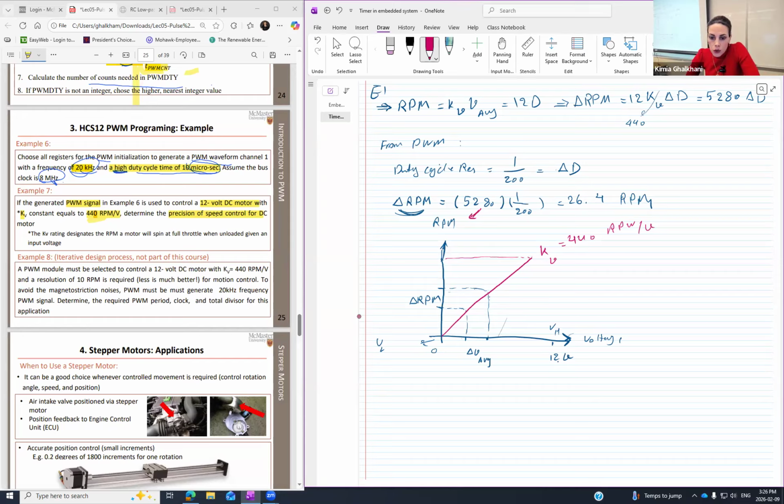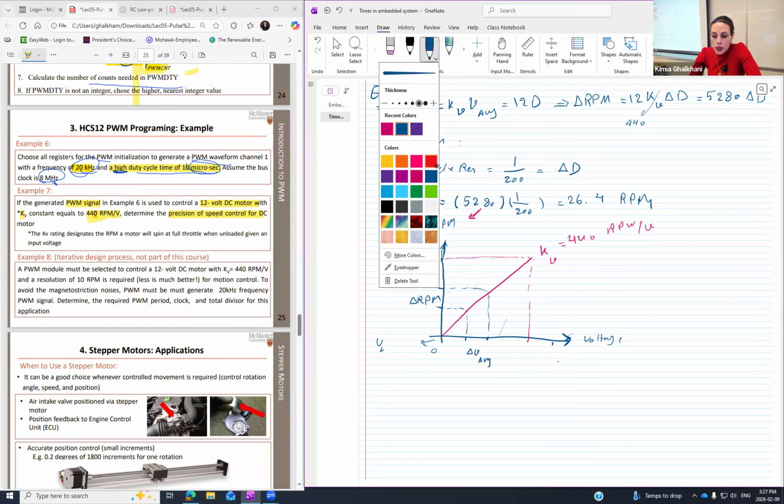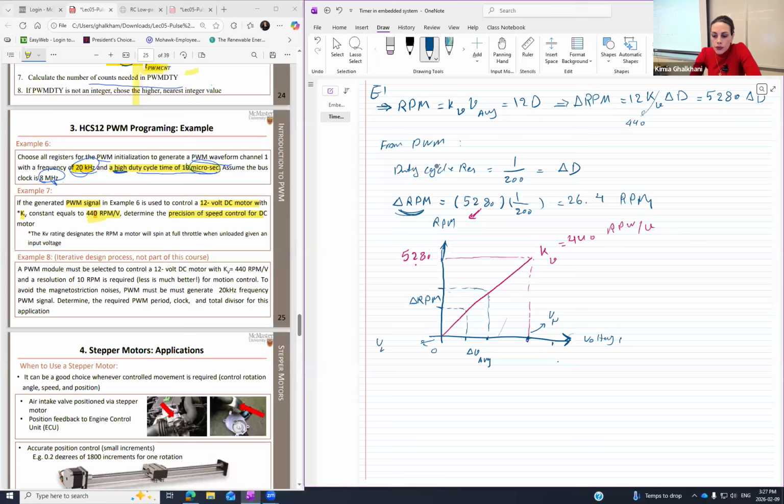This one is the maximum for it to be 5,280. This is this calculation, maximum RPM, right? And then in here, the maximum was, I'm going to move this one, V high. This is V high, which is 12 volts. For the maximum 12 volts, I'm having the RPM to be 5,280. Now makes sense what I did?